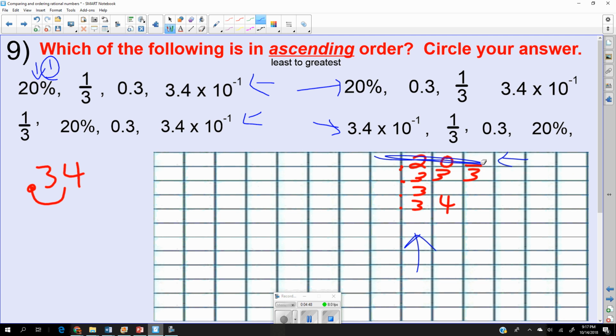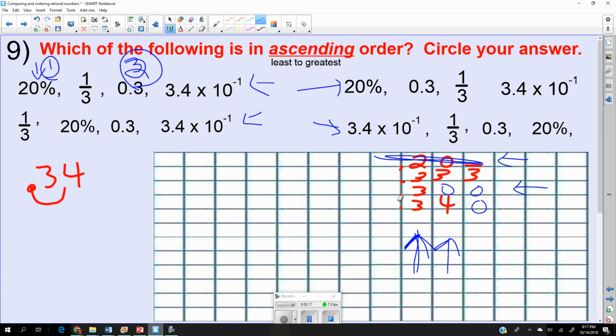All right, we can't tell from this column because they're all 3s. I think we need to add our 0s in here. Let's go to the next column. We see there's a 3, 0, and a 4. The one with the 0 is going to be the next smallest. That's the second smallest.